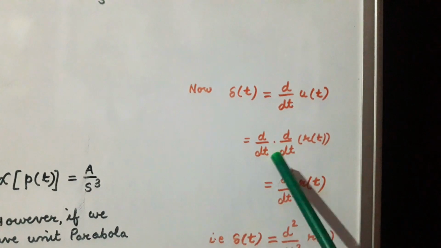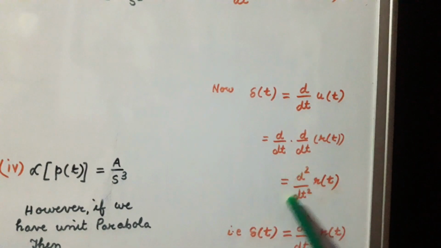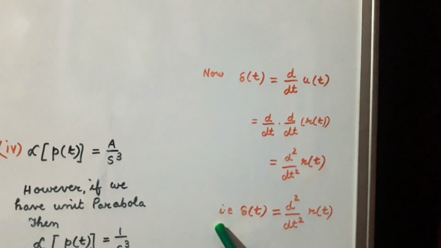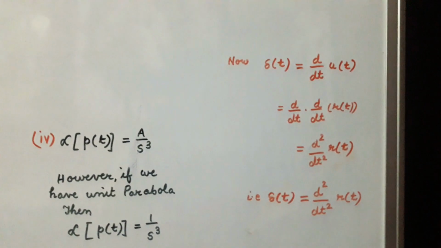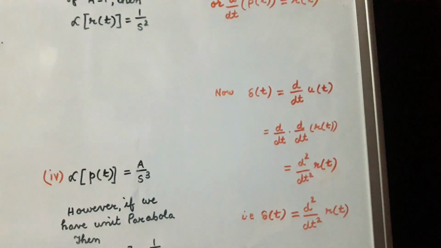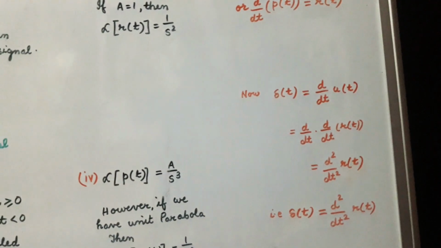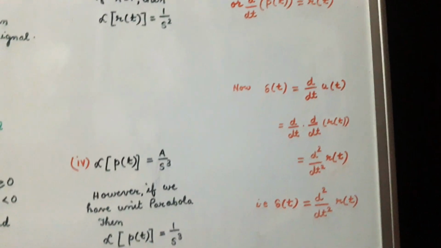So on substituting these values, we find that delta t is equal to d square by dt square of r(t). Similarly, we can find out the relationship between the other test signals by substituting the values accordingly.